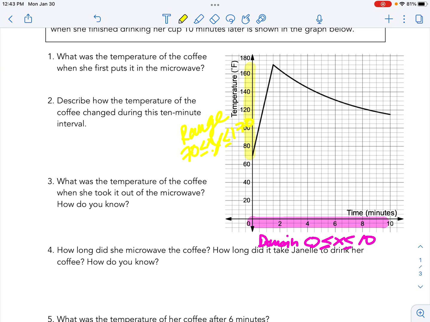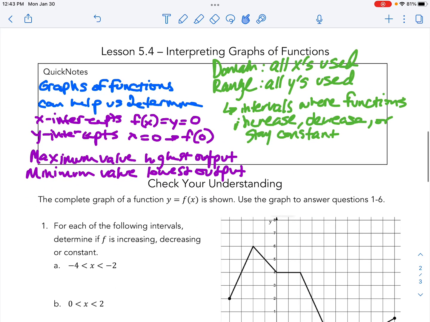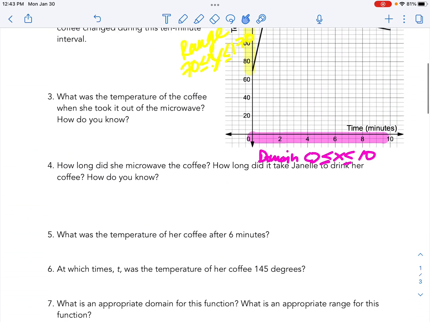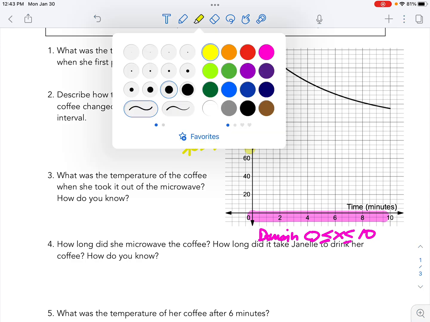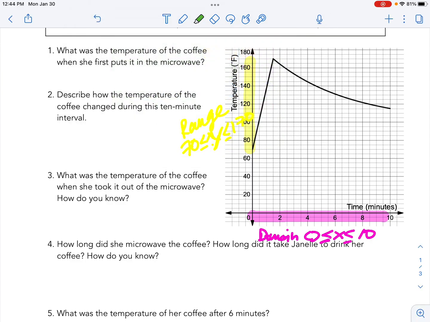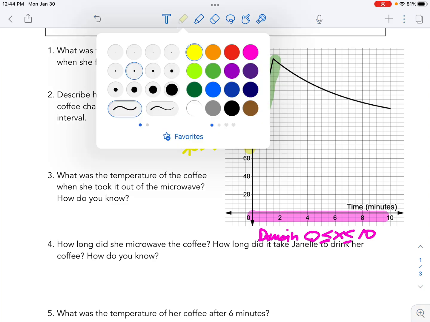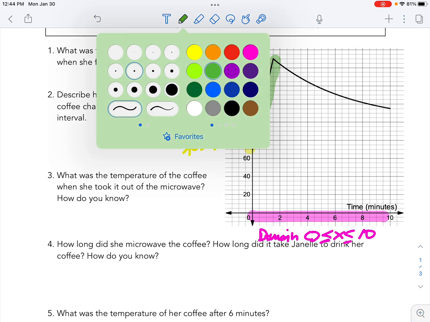So within that concept, we want to talk about, and I made mention a little bit earlier here, that intervals could increase, decrease, or stay constant. So my domain is 0 all the way to 10, but if we take note of specific locations within this imagery here, we should know that if I'm starting at this location here, and I go all the way up in that location, that is where this chart is increasing.